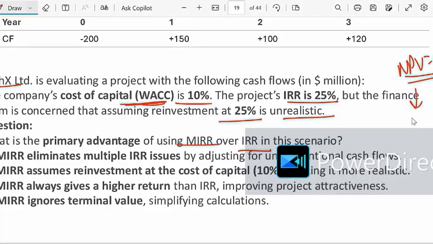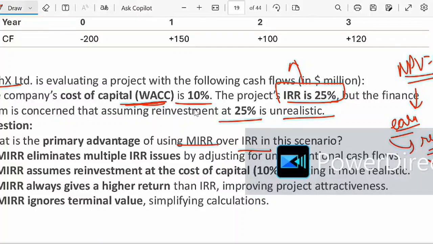This is one of the assumptions of IRR. So suppose IRR is 25%, it assumes that you are reinvesting at 25%. It may sound unrealistic, because it is unrealistic.